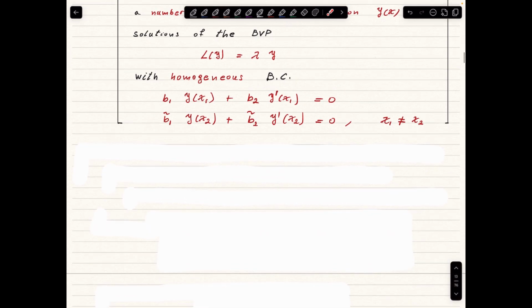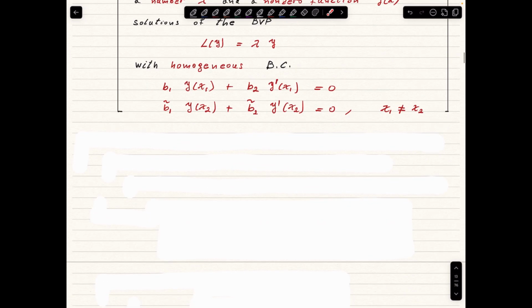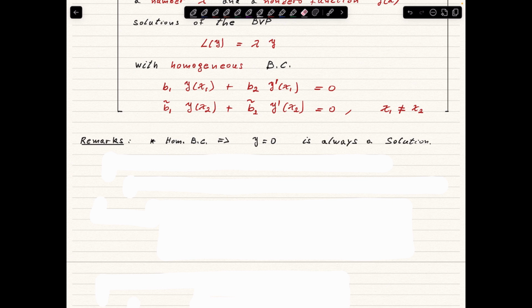A few remarks about this problem. First of all, we have homogeneous boundary conditions, so the function y equals 0 is always a solution. You see, if you put 0 here, it is a solution of the differential equation. If you put 0 for the function, everything is 0, and because we have homogeneous conditions, they are going to be satisfied. So 0 is always a solution.